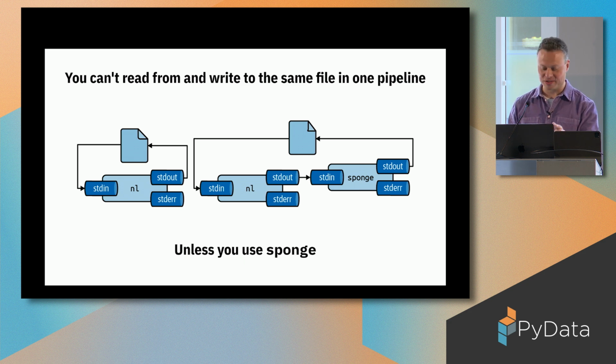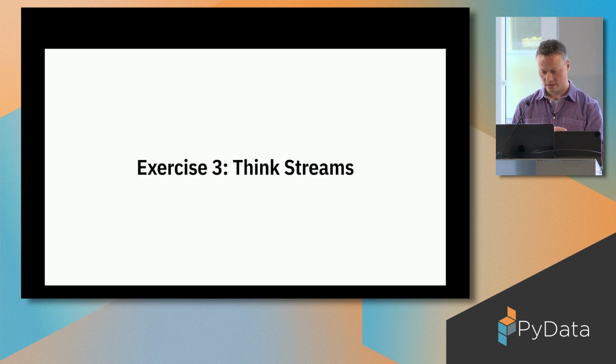But there is a solution. You can either write to a different file first and then rename that, or there is this tool called sponge, which is not installed by default, but Homebrew has it, and it's also in other packages. It's part of moreutils.